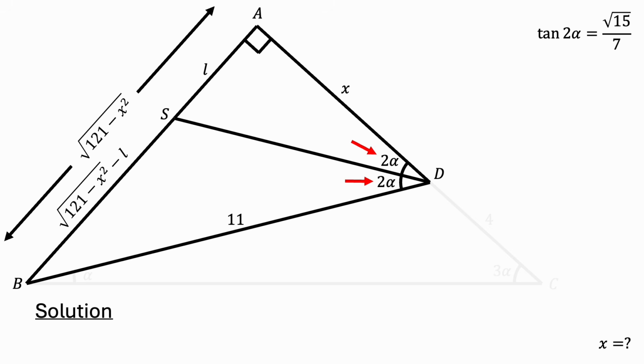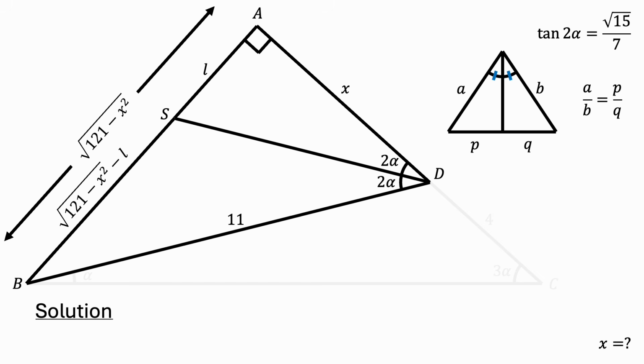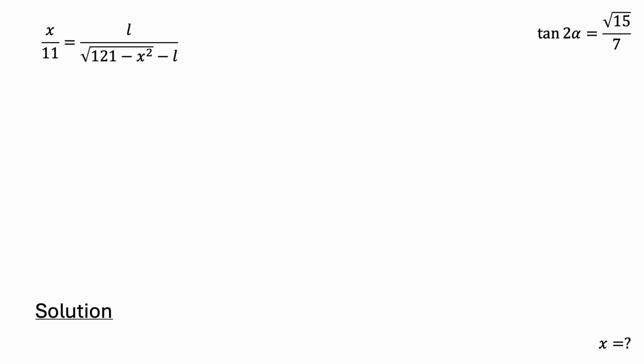Since angle BDS equals angle SDA equals 2 alpha, we apply the angle bisector theorem to triangle BDA. By the angle bisector theorem, L over x equals BS over 11, hence BS over 11 equals L over x... Cross multiplying gives x times square root of 121 minus x squared minus xL equals 11L.